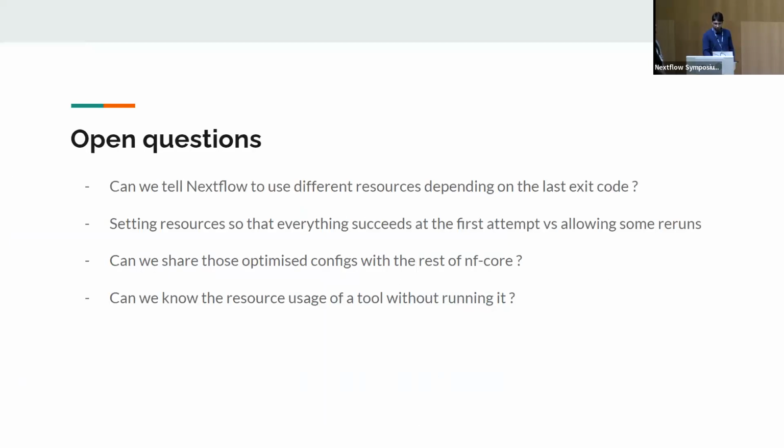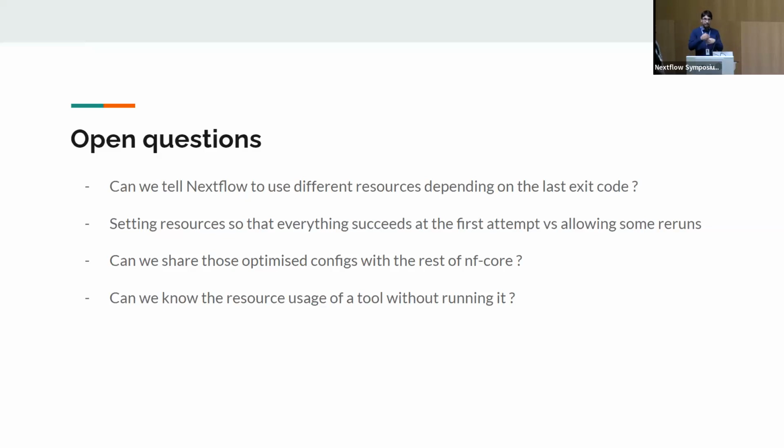But I still have some questions there, and I hope we can discuss that. So for instance, typically when a process crashes, it will then restart with more memory, more CPU. But I would like to fine-tune that. If it's killed because it's using too much memory, then yes, I want to increase the memory, but don't necessarily want to increase the CPU as well.